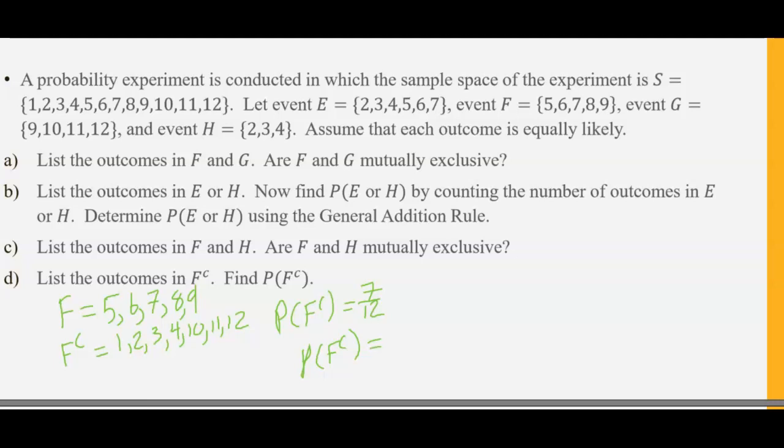So the probability of F complement is equal to 1 minus the probability of F. Probability of F is equal to 5 out of 12. So that's 1 minus 5/12, and when you subtract that, you'll get 7/12 as well.